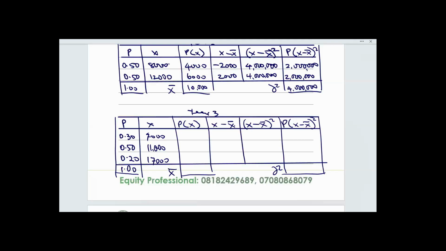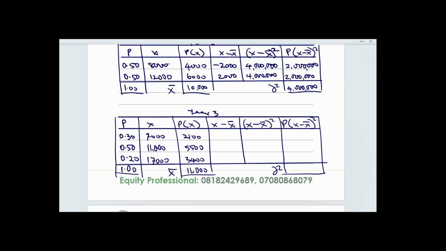So 30% of 7,000 will give us 2,100. 50% of 11,000 will give us 5,500. 20% of 17,000 will give us 3,400. When you add it up, this should be 11,000.